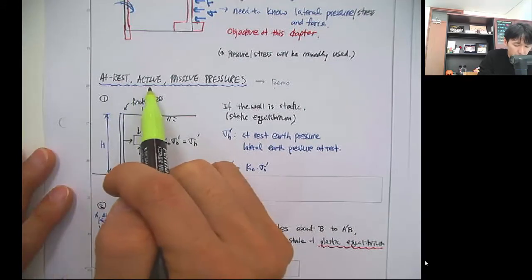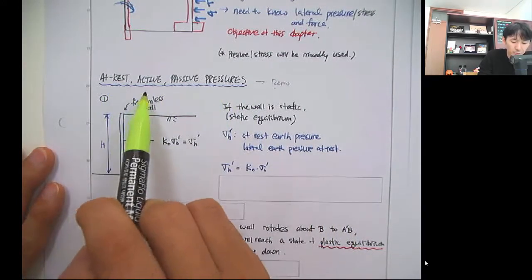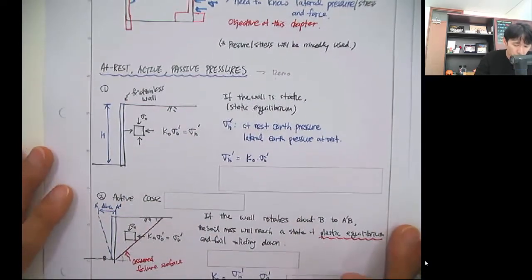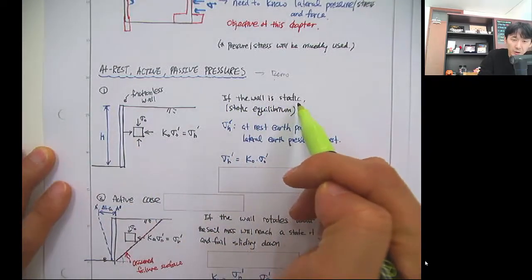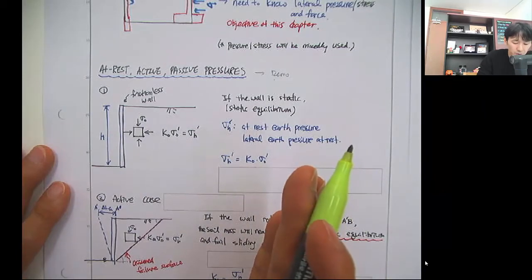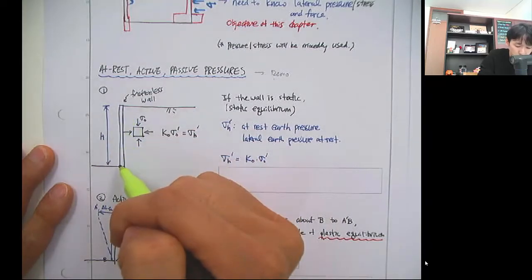So, at rest, active, and passive pressures. What is the at rest pressure, what is the active pressure, and what is the passive pressure? For example, the at rest condition is when the wall is static, so there's no movement, and the force is in a static equilibrium state, so this wall doesn't move.